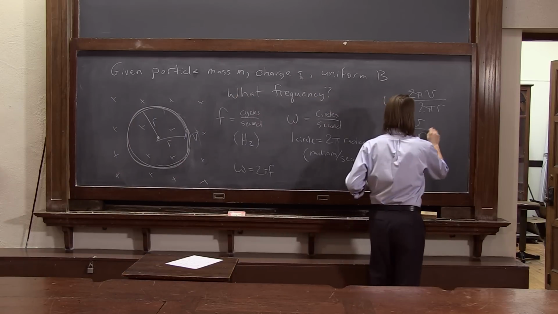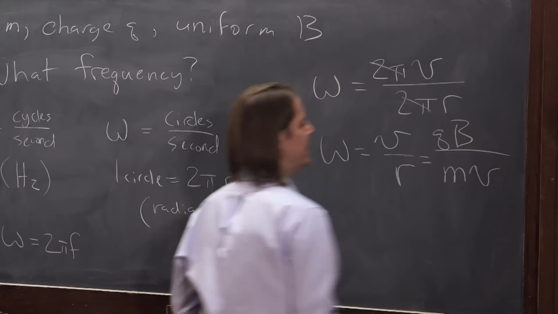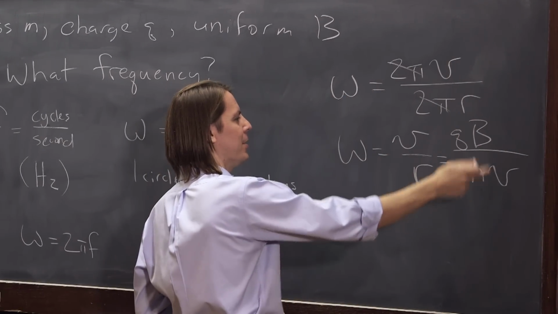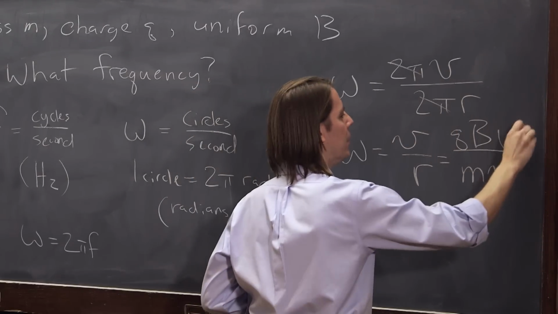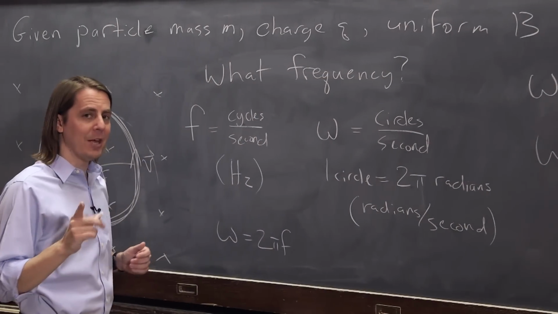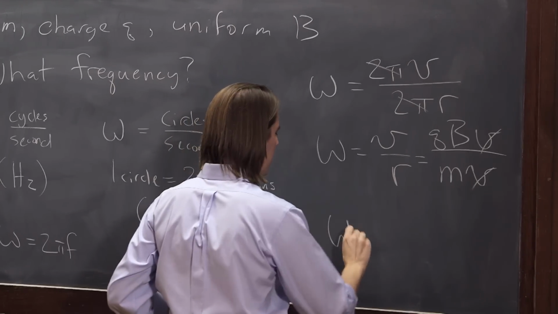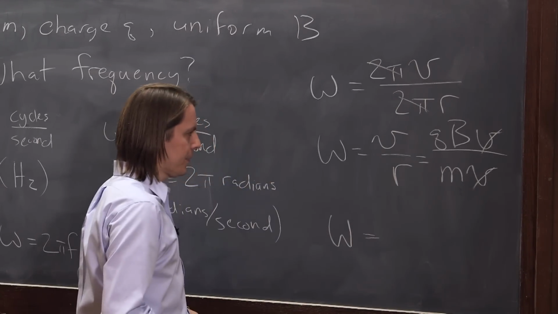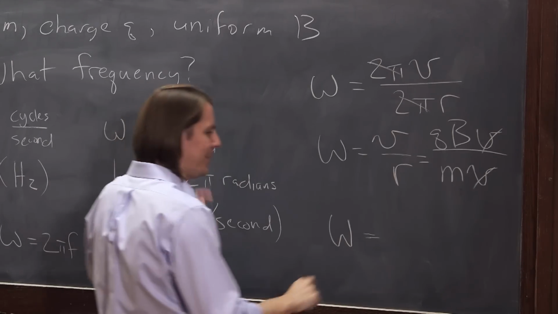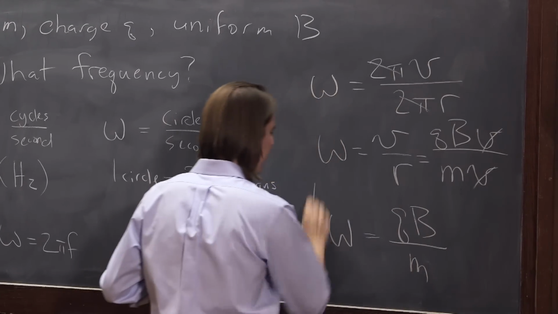Remember, it was mv over qB. So I wrote mv on the bottom, qB on the top, and v is still there. But then look, those go away. So the omega we want, finally, the angular frequency of the particle going around the magnetic field, is qB over m.